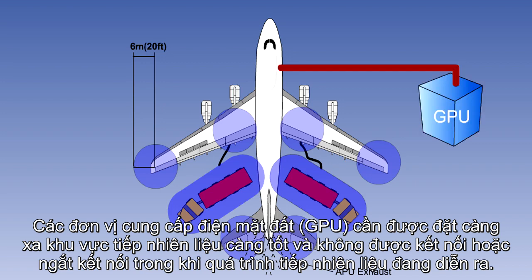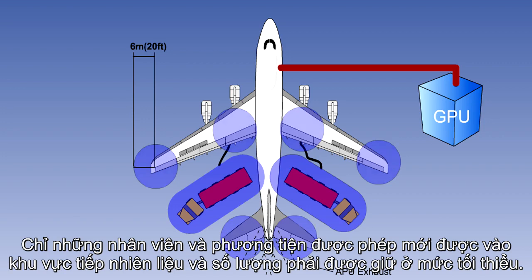Electrical ground power units, or GPUs, should be located as far away as practically possible from the fueling zones and not be connected or disconnected while fueling is in progress. Only authorized personnel and vehicles should be allowed within the refueling zones, and their number should be kept to a minimum.